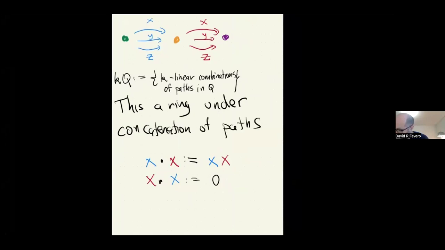So I just put an example here. So I could do x times x, and I'll get this element, which I called the path x times x. But if I tried to do this x and then this path, I can't concatenate those. So I just define it to be 0. Okay, so this is certainly a non-commutative ring. These don't commute.